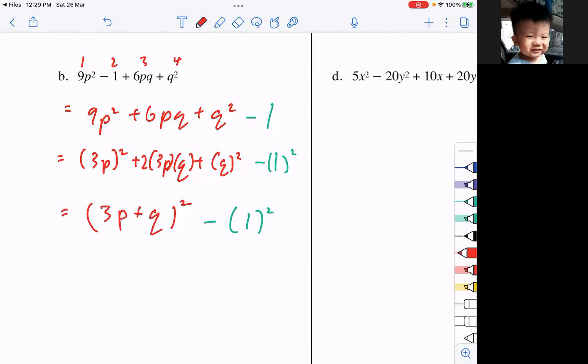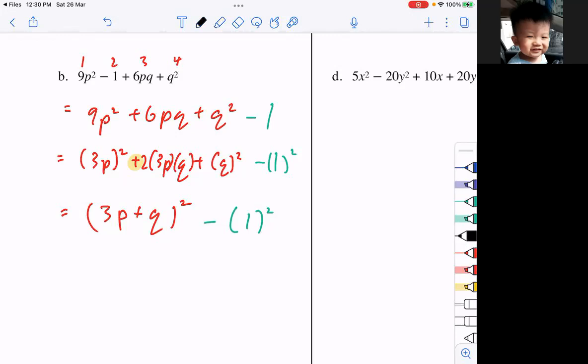Plus or minus? Wait. Check this sign, because for the first and second formulas, the only difference is the sign of the second term. If the second term has a plus, then the answer has a plus. Can you see? Are we done here?